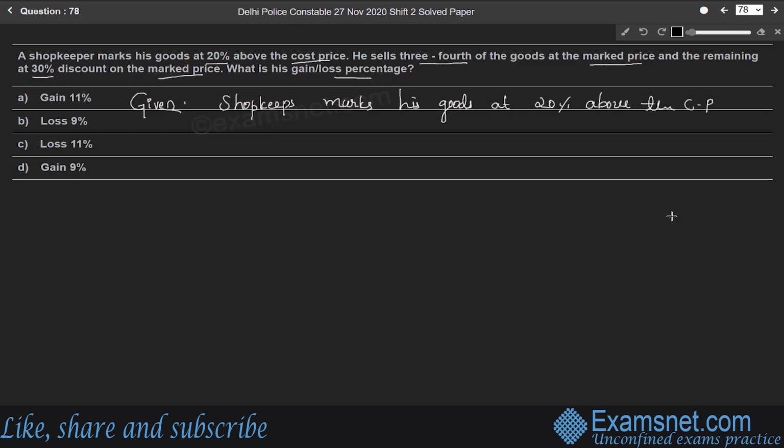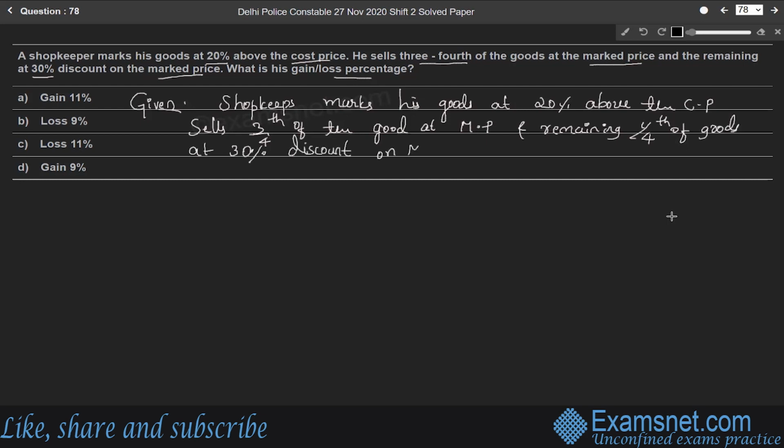And also he sells 3/4 of the goods at market price and the remaining 1/4 of the goods at 30% discount on market price.